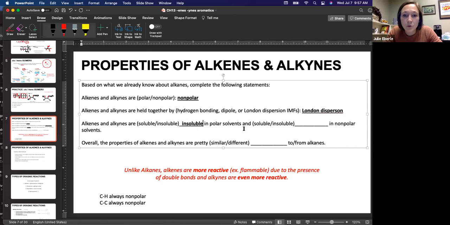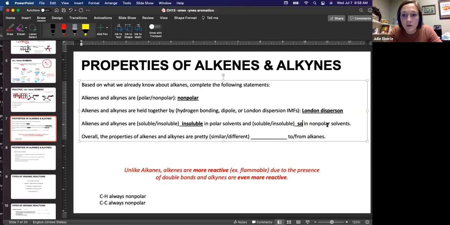So if they're insoluble in polar solvents such as water, then the opposite is true. They are soluble in nonpolar solvents. They are nonpolar, so they're going to easily dissolve in things that are like them that are also nonpolar. So oils, okay, or organic solvents, a lot of organic solvents such as hexene or benzene or things like that are nonpolar solvents.